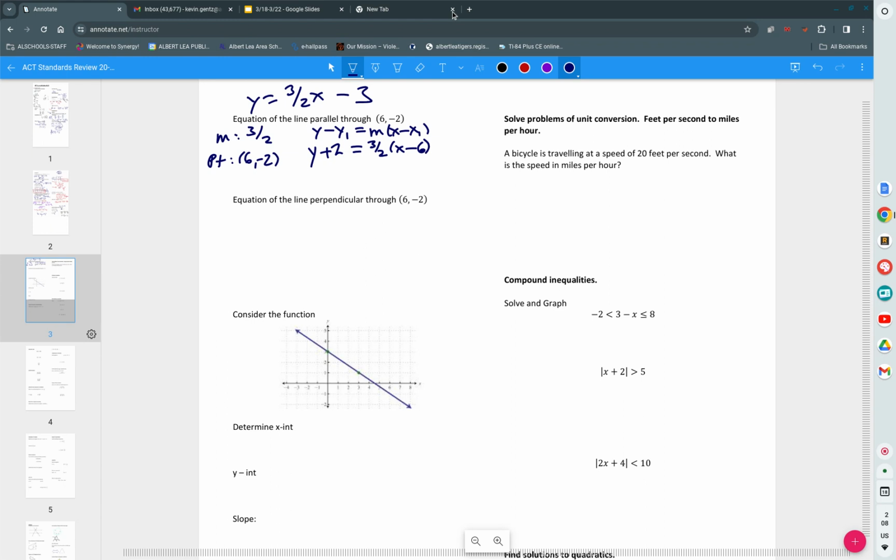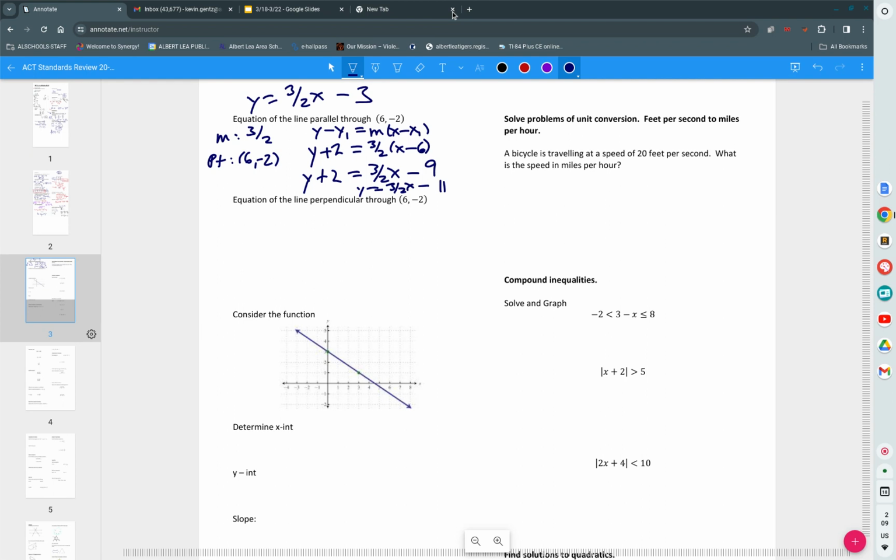As I distribute that 3/2, I get y plus 2 is equal to 3/2 x. And when I multiply 3/2 by 6, 3 times 6 is 18, divided by 2 is 9. I have 3/2 x minus 9. Subtract that 2 and we get y is equal to 3/2 x minus 11.